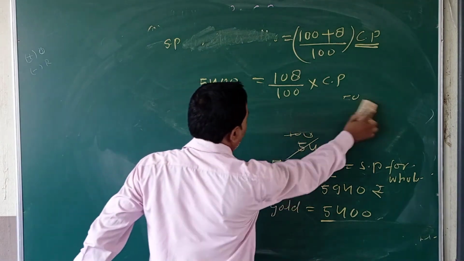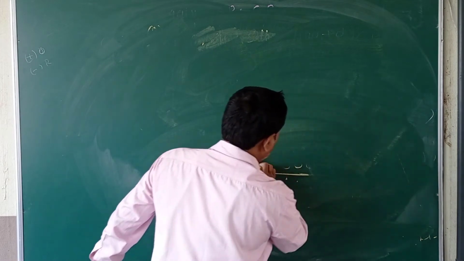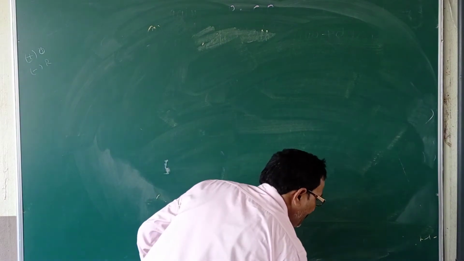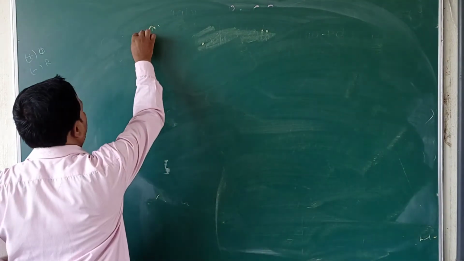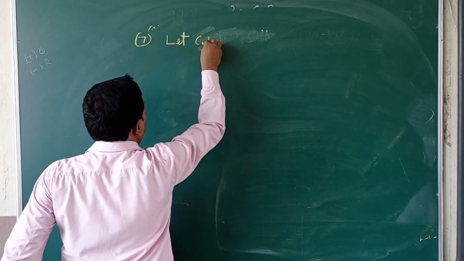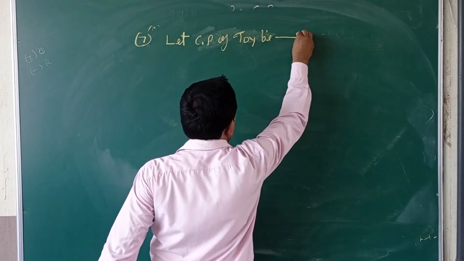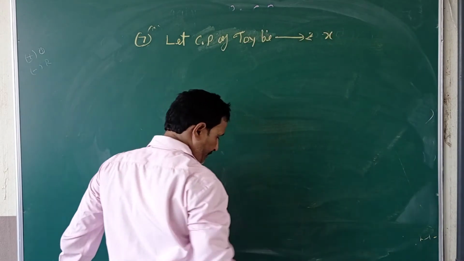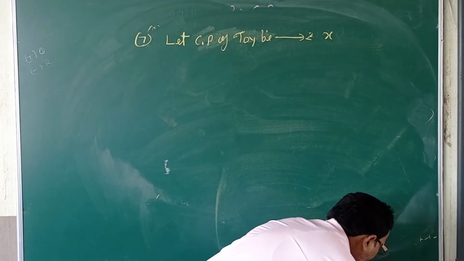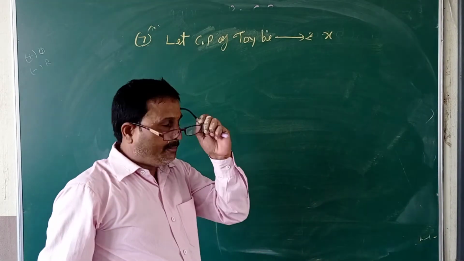Now see that. Question number 7. Let CP of toy be rupees x. SP is given here, the toy was sold at a gain of 12%.